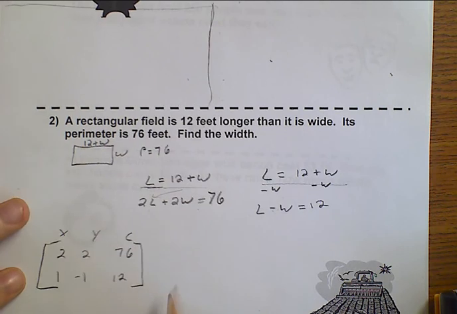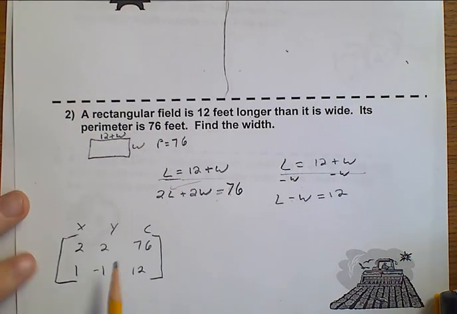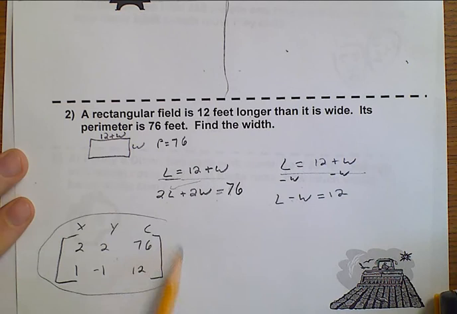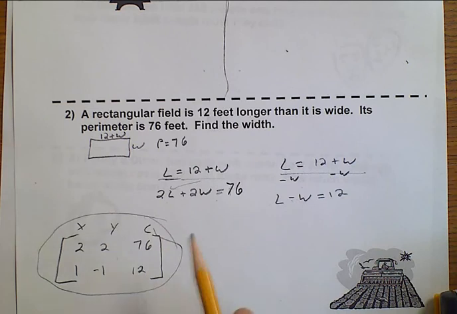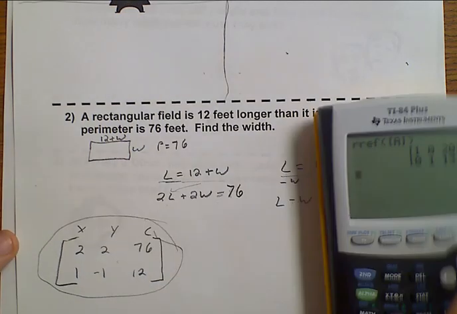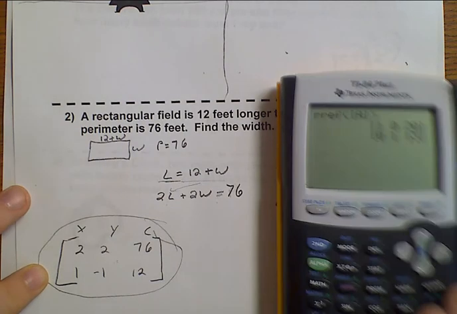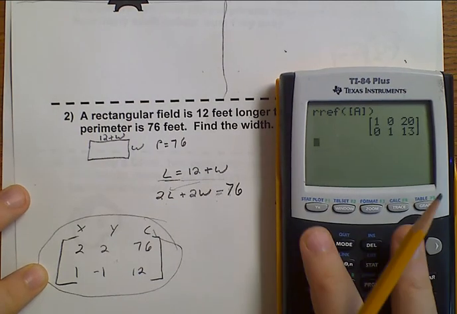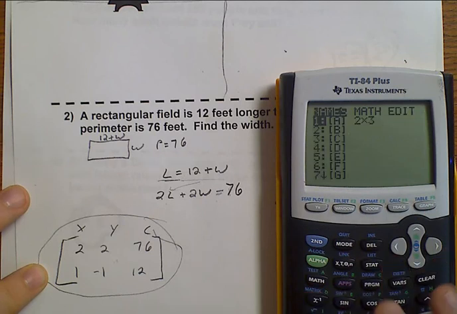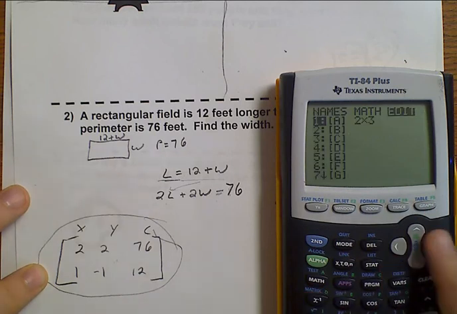If you're going to use this method, I want you to go ahead and show me the matrix that you had set up. This is important. If you do not have this, I will assume that you don't have any work. So I need you to show me this matrix set up. So now let's use our calculator. We're going to go back to second matrix. We want to edit our matrix.